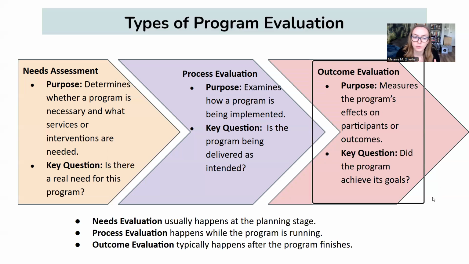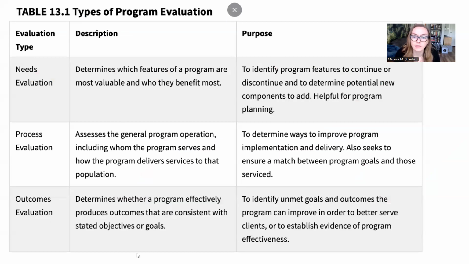And it's important to note that while these tend to happen in stages, with needs usually being in planning, process usually being in that execution, and outcomes usually being in that wrap-up stage, these can also be happening simultaneously throughout the entire process. And depending on the program, it makes more or less sense to do that. Just depends. This is from your textbook and is recapping some of that information as well, but you'll know at this point that I love a good table to summarize lots of information for us.